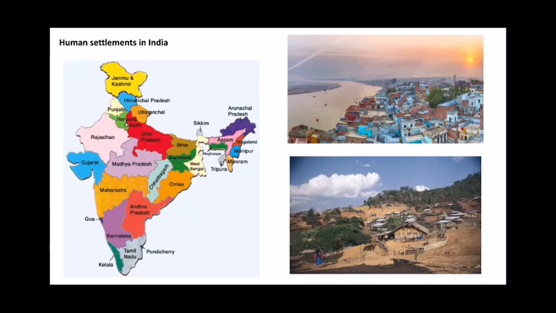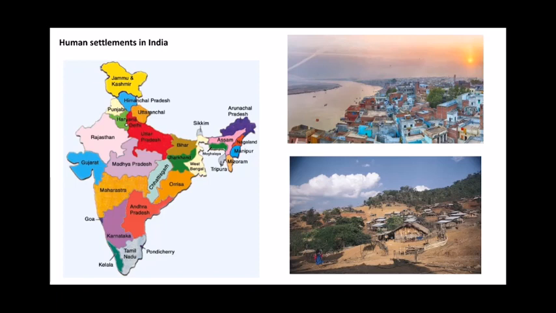You can see here in the North Indian plains, all this area is mostly nucleated settlement. And the Narmada Valley is somewhere here. Here we can see most of the nucleated settlements.